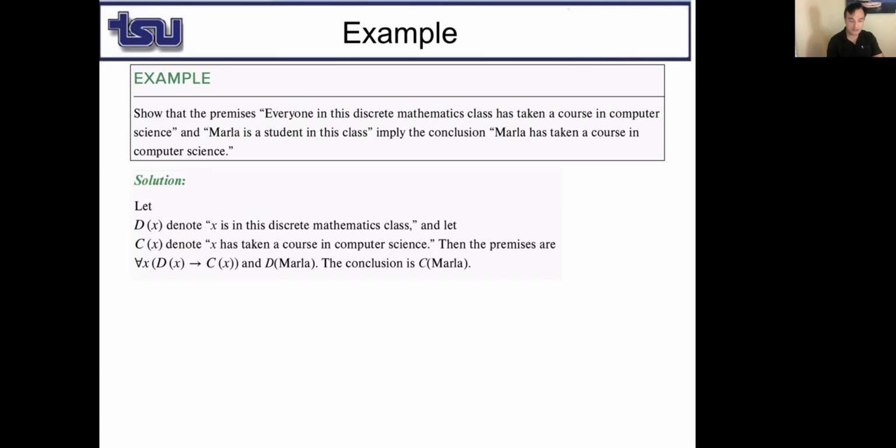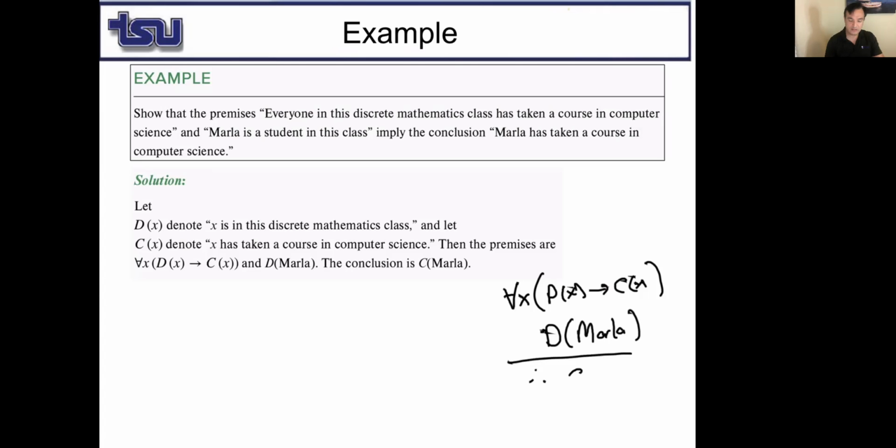The conclusion is, can we say C(Marla), in other words, that Marla has taken a computer science course? Basically, given for every x, D(x) implies C(x), and also D(Marla), does this imply C(Marla)? That's what we are going to show, whether this is the case or not, okay?